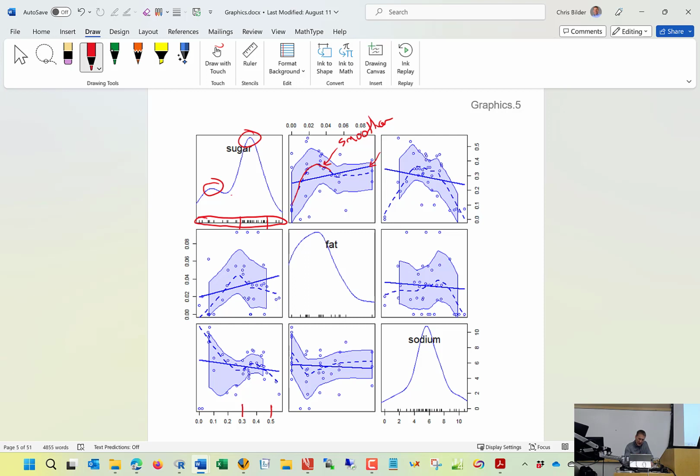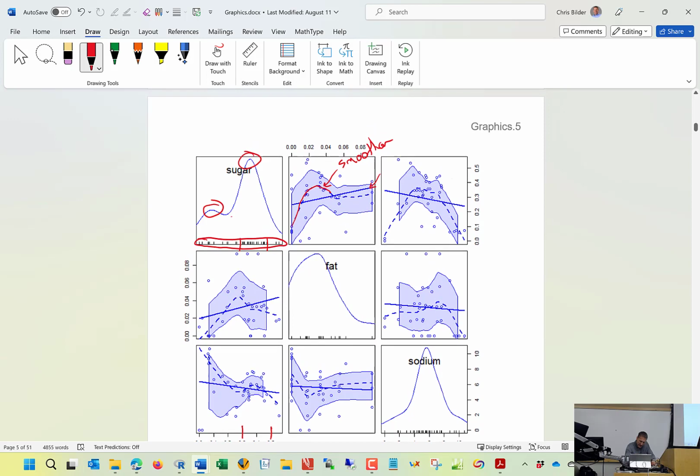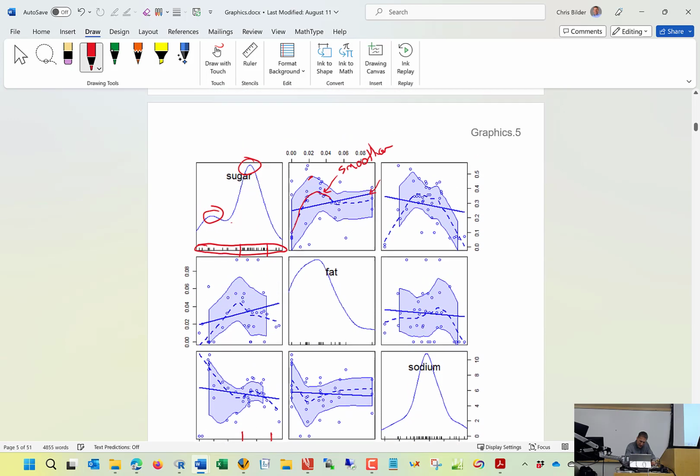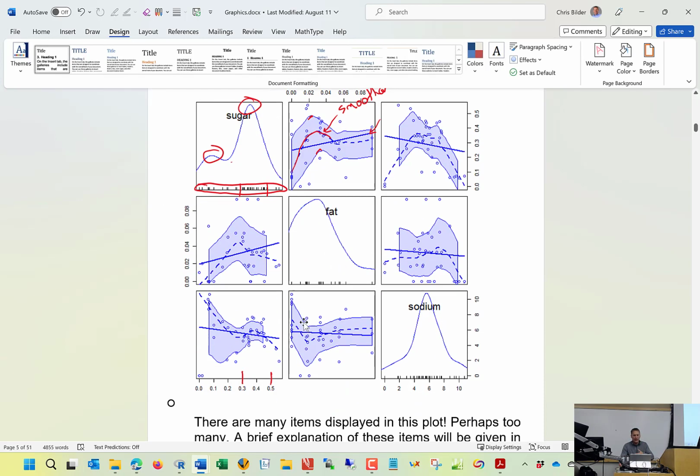You can see this extending out from the smoother. There's a specific name for it, I can't remember, but what's being colored is basically what amounts to a 95% confidence interval for specific values of fat. What would be the 95% confidence interval for the mean value for sugar?